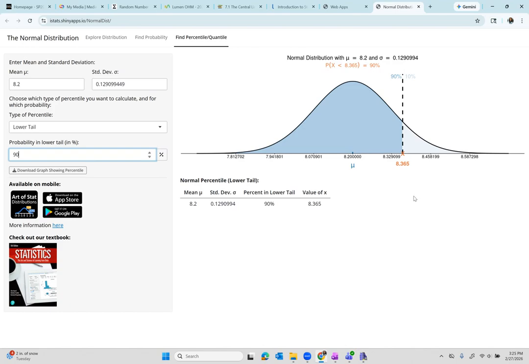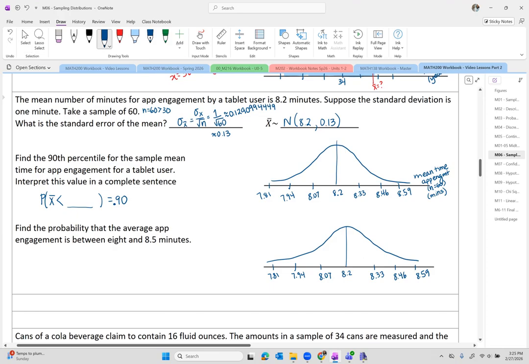In English, this means that 90% of sample means from samples of size 60 will be 8.365 minutes or below. So that number is 8.365 minutes. Interpret the value, right? We just said the interpretation.